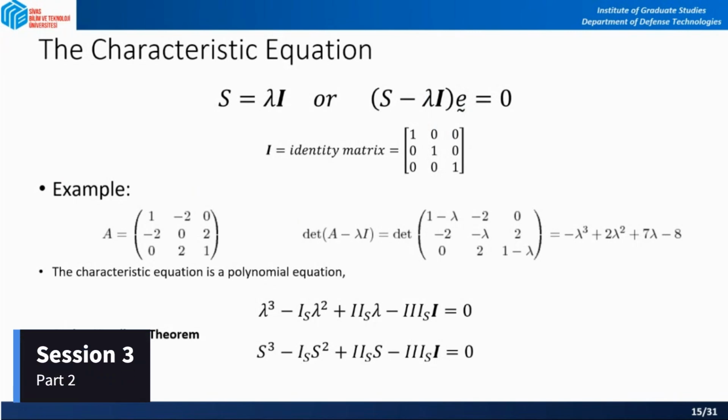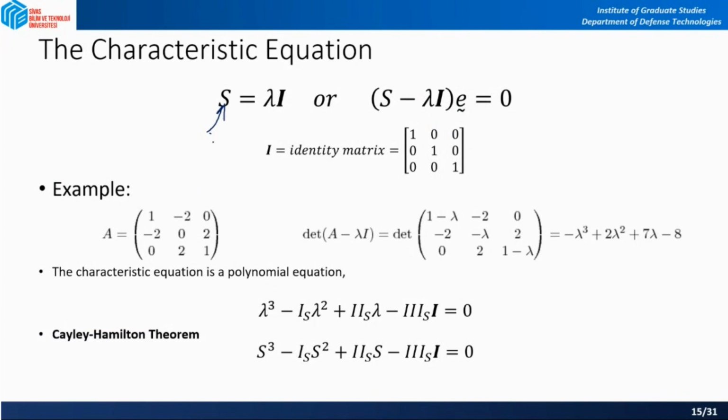If this matrix S is a symmetric second order tensor, the first thing you have to keep in mind is that S is a symmetric matrix. This equation should be satisfied.